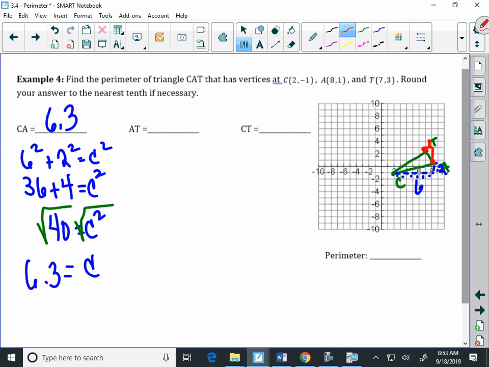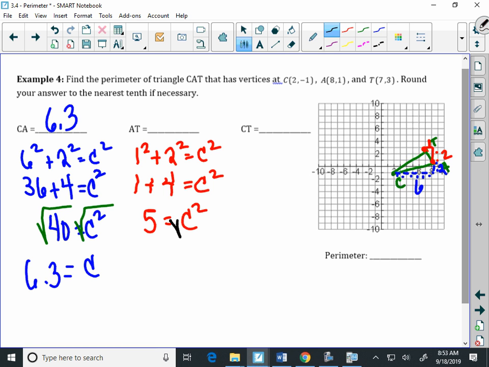And I see the length of 1 here and then 1, 2 there. So when we use our Pythagorean theorem, again, it doesn't matter if you do 1 squared plus 2 squared equals c squared, or vice versa, 2 squared plus 1 squared. We get 1 plus 4 equals c squared. 5 equals c squared. And then we're going to take the square root of both sides.